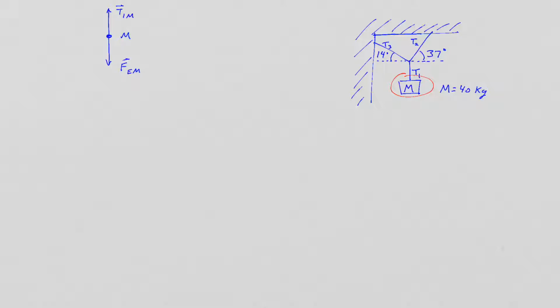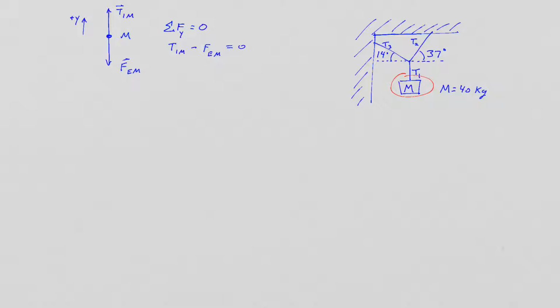and we can very quickly write down some equations. Here then, the sum of the forces in the y direction should be equal to 0. I've denoted the positive direction as up, and so we can say the sum of the forces would be the magnitude of the tension on the mass minus the magnitude of the earth force on the mass, and all that should be equal to 0.